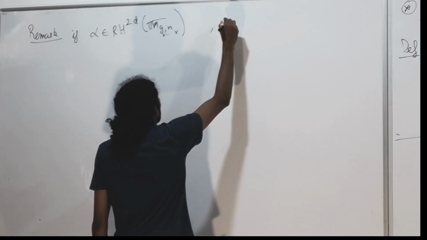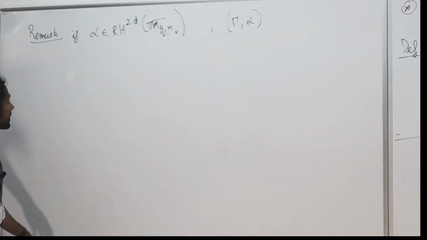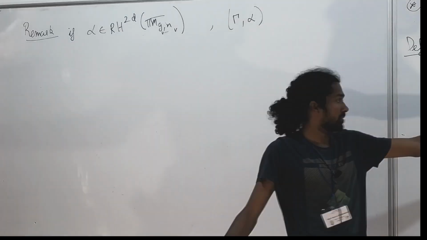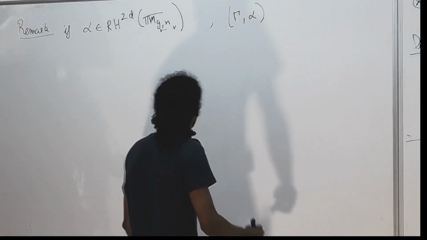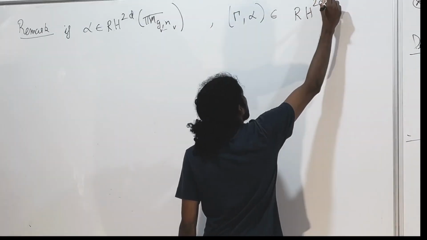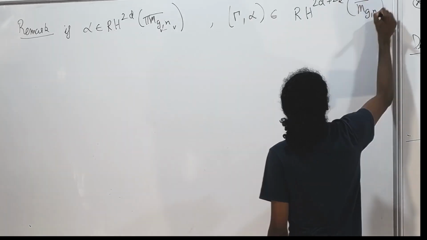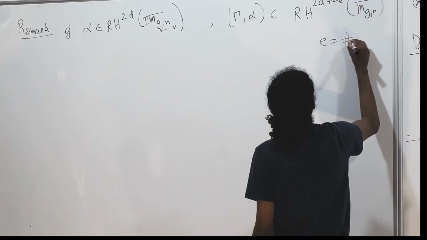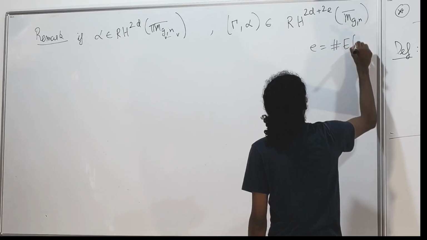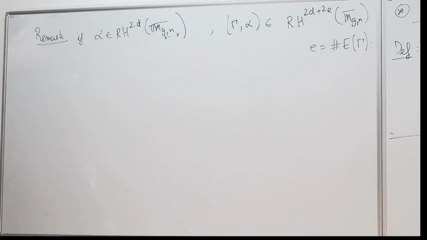Then we will view the decorated stable graph gamma, alpha as something in the topological cohomology of M g,n bar. This will just live in degree 2D plus 2E, where E is the number of edges. Just to write down what we did in the example there.